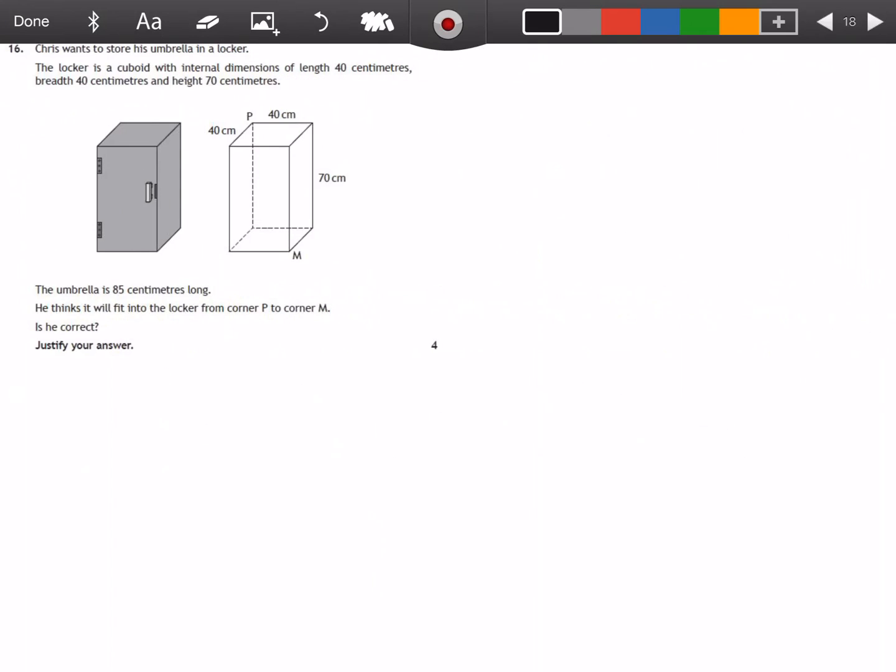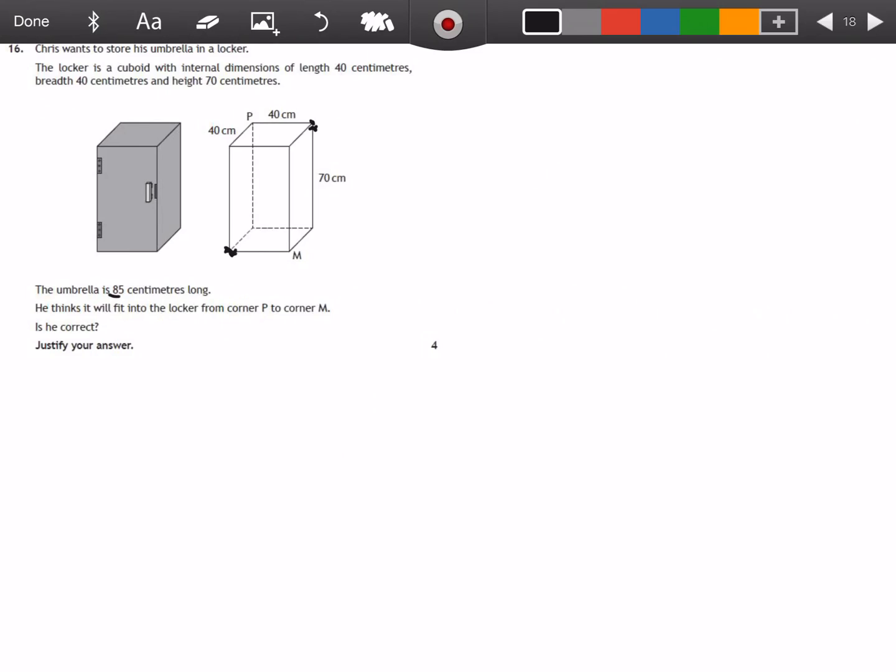At number 16, oh, the umbrella one. Right, okay, the measurements are on the diagram, just double check, read through it, make sure that all the measurements are on the picture. The umbrella is 85. Basically, can the umbrella fit in the locker? Now, the longest position you can get in that locker, if you were to put something in that locker, the longest distance would be from the bottom corner at the front to the top corner at the back.